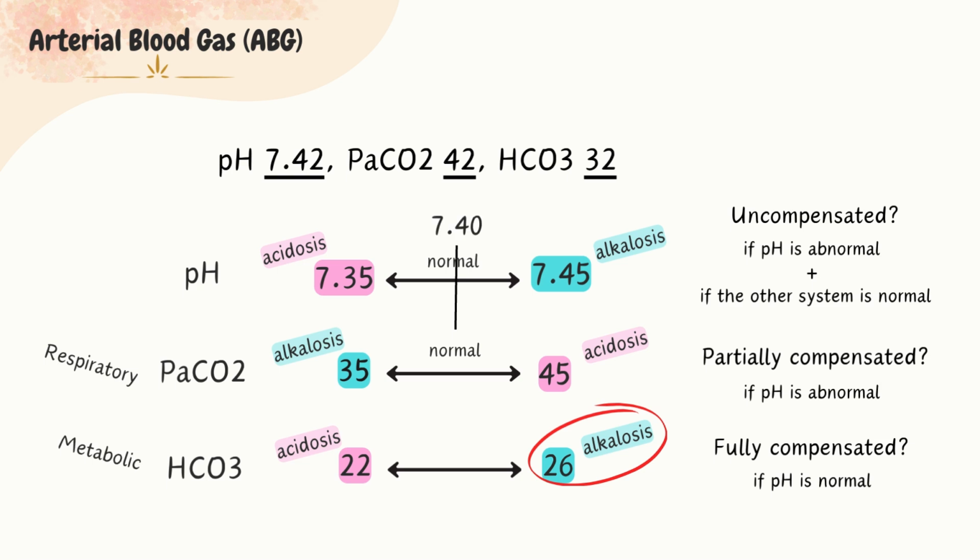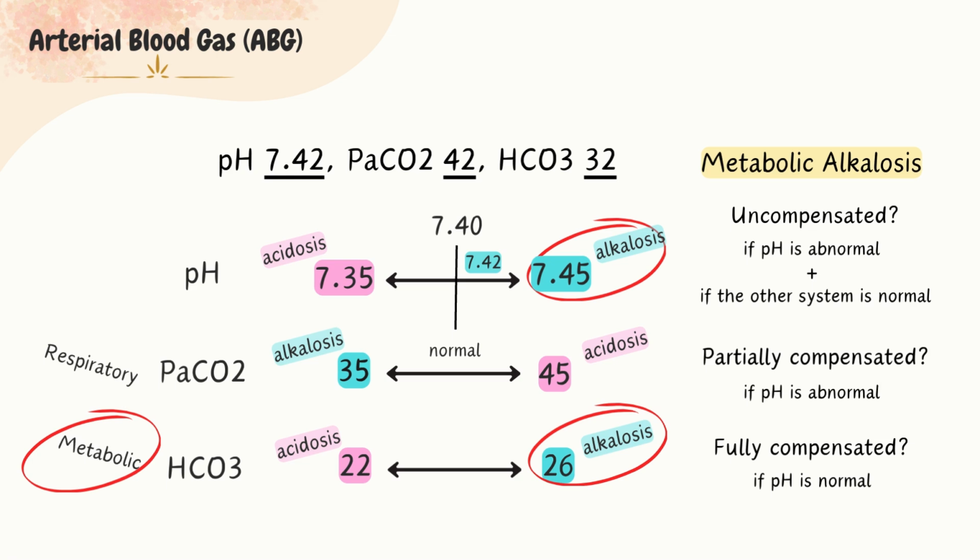And look at the pH value again and see which side it is leaning toward. pH is 7.42, so it is leaning toward alkalosis, and we also have HCO3 pointing toward alkalosis. So this is a metabolic alkalosis. Is this partially compensated or fully compensated? It is fully compensated because the pH is normal.